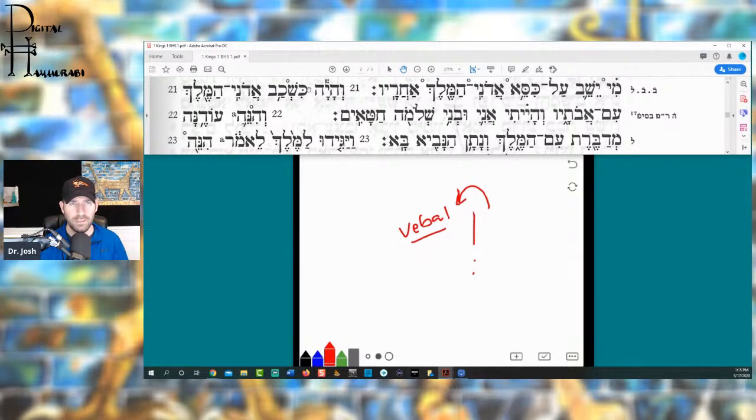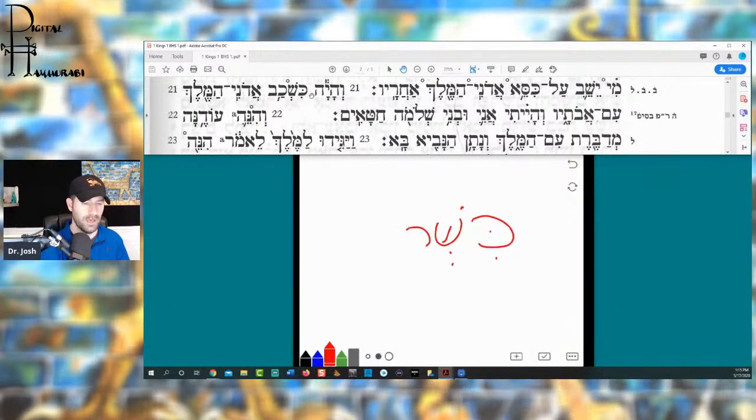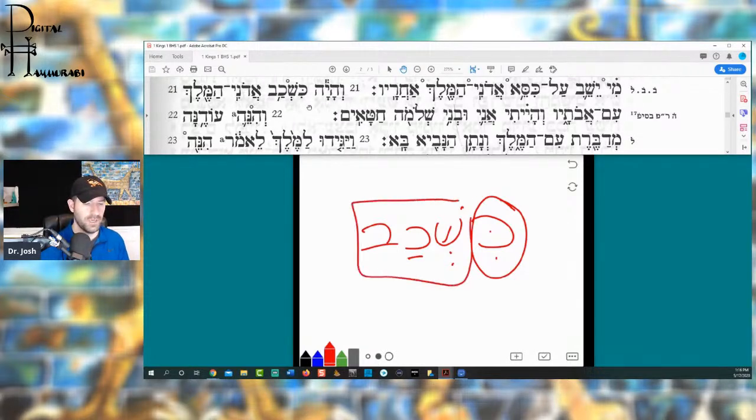And it will be, so, kishchav. Ka is like, or as, or when. And in this particular form, this is an infinitive construct form.